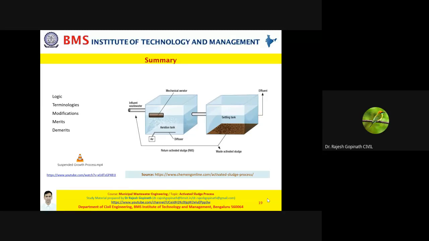Also, we understood the three probable modifications, that is the plug flow, the completely mixed, of course, with options such as with recycling, without recycling, with aeration, without aeration. We also understood the various advantages and disadvantages of the activated sludge process by comparing this with the trickling filter.